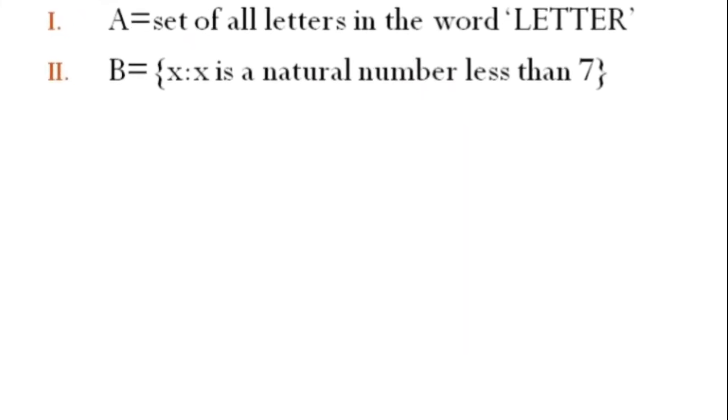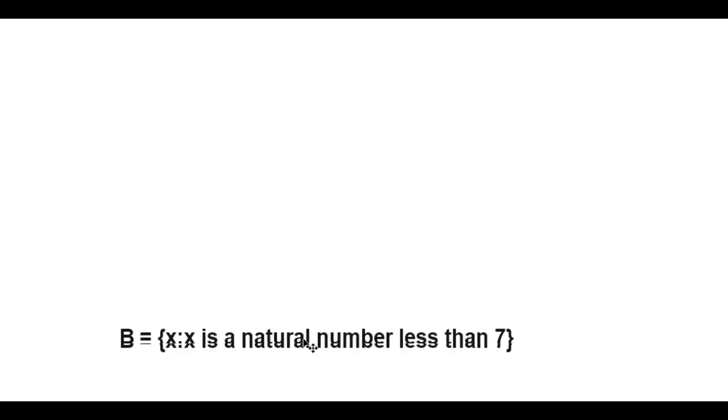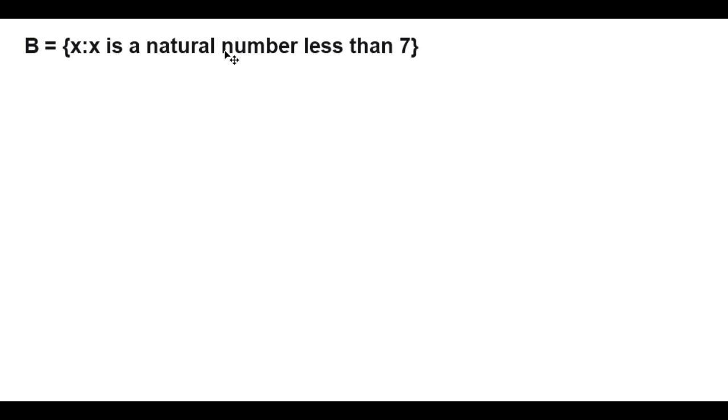B is a set of X where X is a natural number less than 7. Let's start to write in a roster form. So our second question is B is a set of X where X is a natural number less than 7. We all know that natural number starts from 0 and so on.